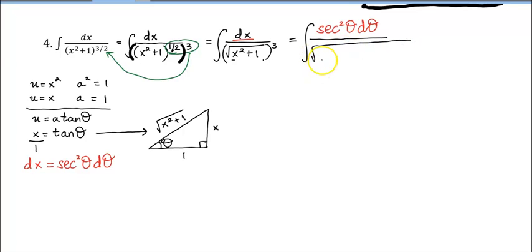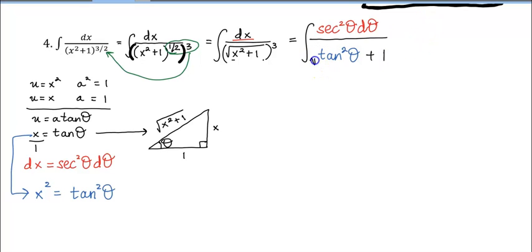Under that radical, we have x squared plus 1. I'm not going to write x squared. I'm going to take x. If x is equal to tan theta, then x squared is equal to tan squared theta. So I'm replacing x squared with tan squared theta, and we still have that plus 1. That's under the square root. And that whole square root is still raised to the third power.